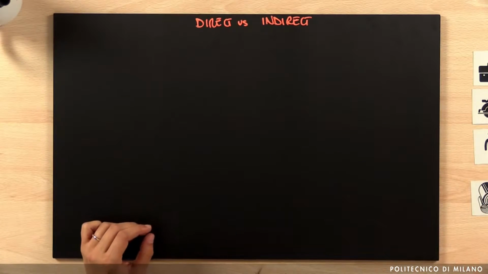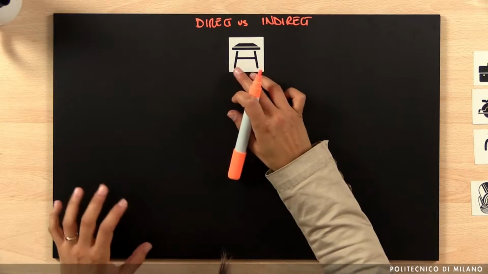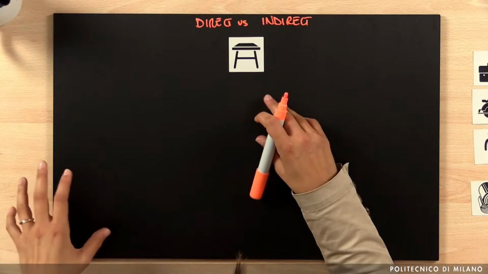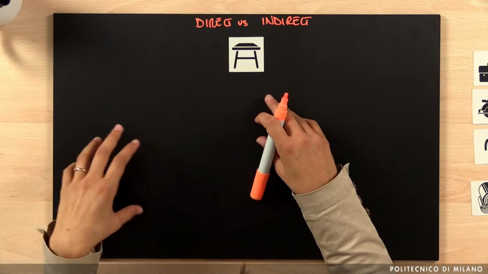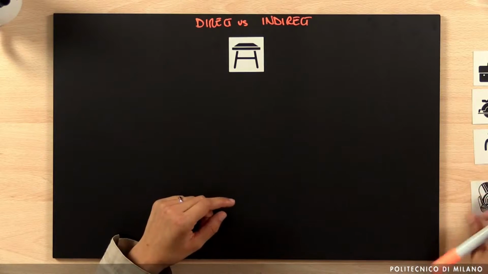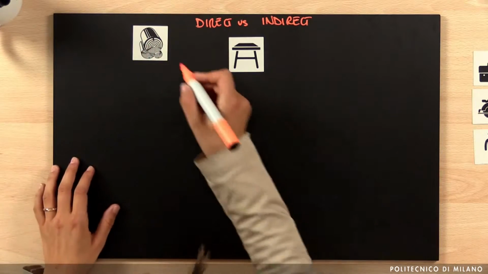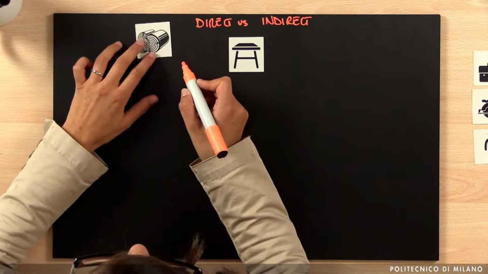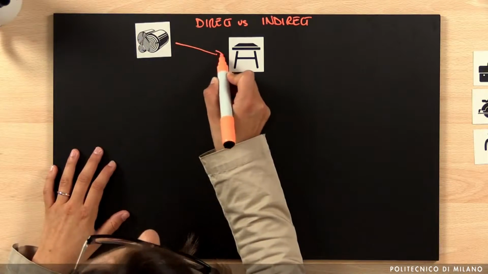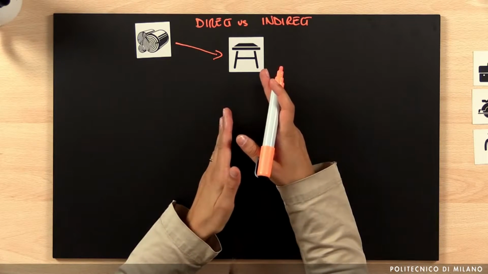So if we have our table as a cost object, the direct cost is represented by those resources that in a univocal way can be assigned to the realization of one unit of our table. So we will have as a direct cost the wood, because we can identify exactly the quantity of wood which is used in order to realize one unit of our table.